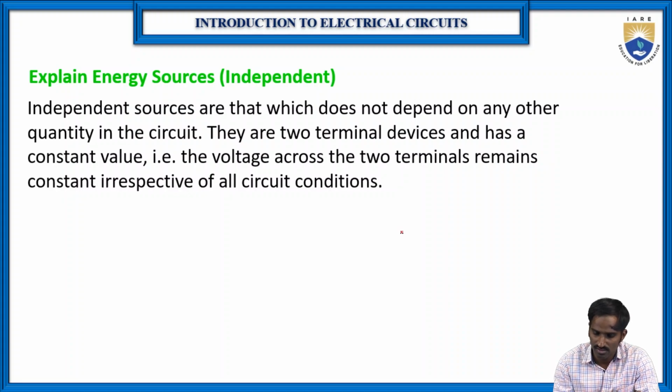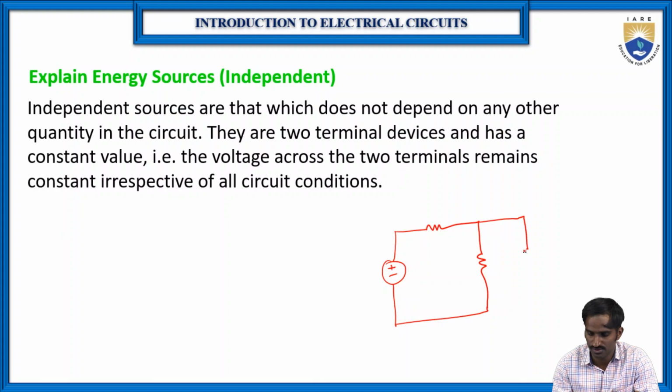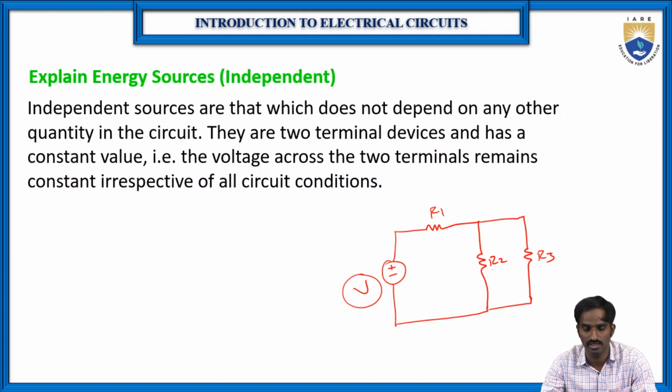Let me draw a simple circuit having two loops, R1, R2, R3, and let us consider V. Here V is independent of the current flowing through resistor R2 and R3, or the voltage across resistor R3. So this is independent.